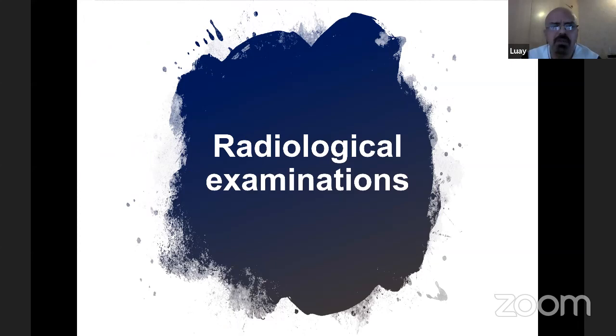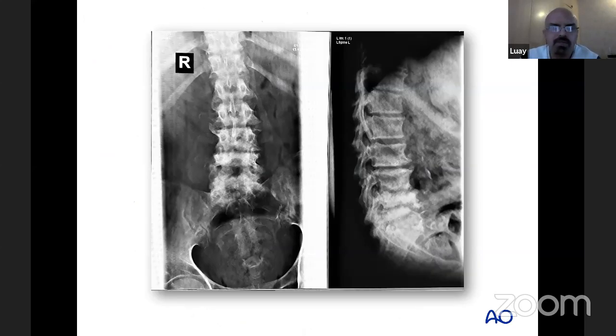Radiological examination, starting with the plain X-ray, shows very clear signs of long-standing discitis following the surgery, erosion of the end plate of L3-4 and 4-5, and severe collapse of the L4 vertebral body with loss of lordosis and signs of instability.